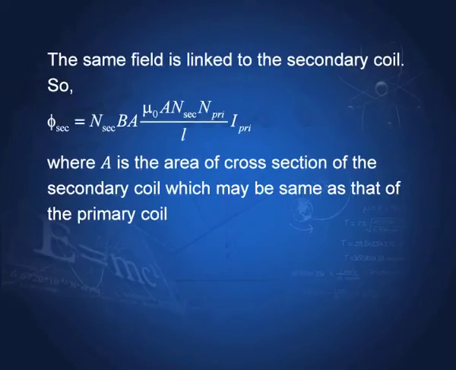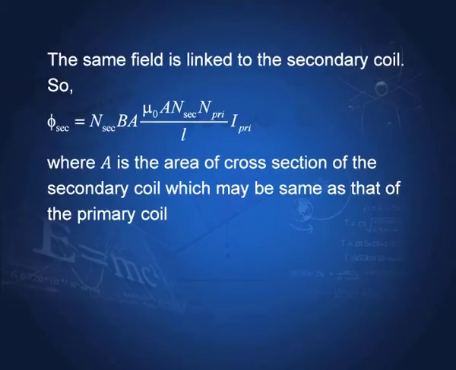If I have one coil and another coil is wound on the same one, then the same field is linked to the secondary coil, and therefore, the flux linked to the secondary coil is n secondary, where n secondary is the number of turns in the secondary coil, into B, into the area of cross section. Area of cross section will more or less be equal if one coil is wound closely over the other coil.